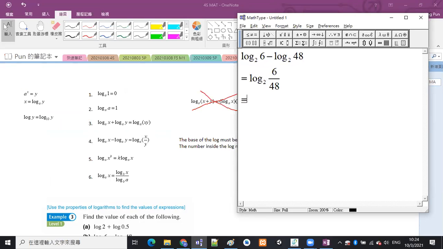And then we simplify the number first, and it becomes log 1 over 8. But we know that 1 over 8 can be written like this: 1 over 8 can be written as 8 to the power negative 1. Okay? And 8 can be written as 2 cubed, to the power negative 1.